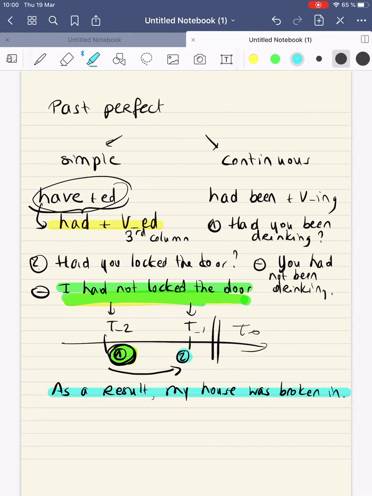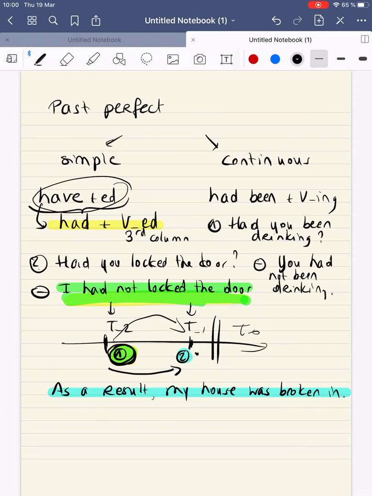That's what happened first. Now, as a result, your house was broken in. So, once again, and I hope you understand this, a first event that happened in the past has an incidence on the second event. But all this in the past.